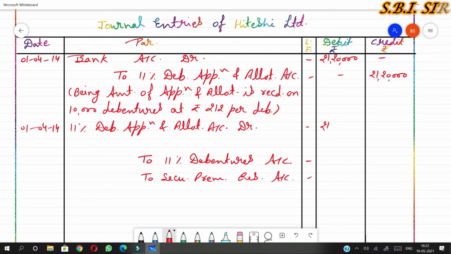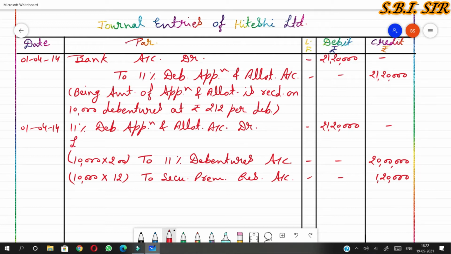So 21 lakh 20,000 will be transferred to 11% debenture application and allotment account, and face value 10,000 multiplied by 200 will be transferred to 11% debentures account. Then premium, 6% means 12 rupees, will be transferred to security premium reserve account, 1,20,000. And redeemable premium is 10%, means 200's 10% is 20 rupees.